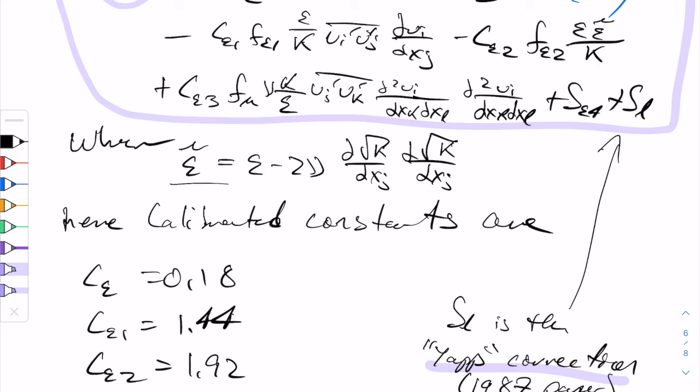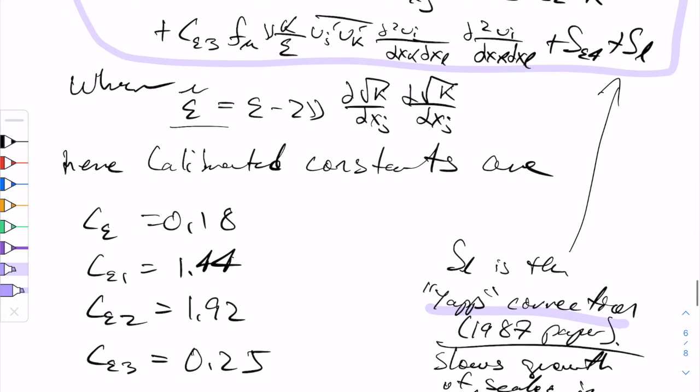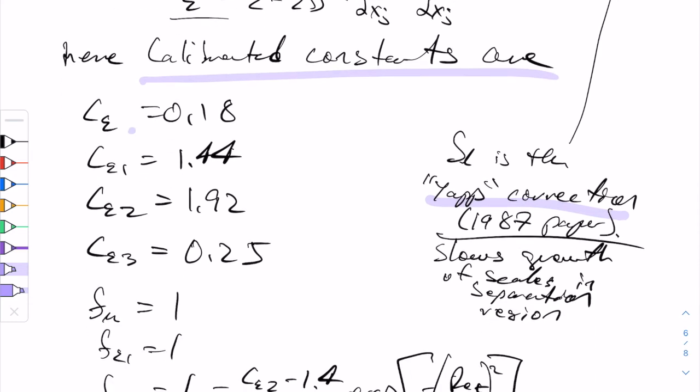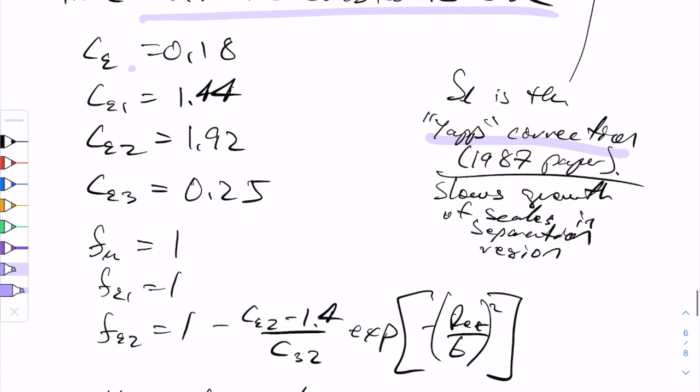Epsilon tilde is epsilon minus 2 nu, viscosity, partial square root of k, partial xj, partial square root of k, partial xj. So these calibrated coefficients are C epsilon 0.18, C epsilon 1, 1.44, C epsilon 2, 1.92, C epsilon 3, 0.25, with F mu equal to F epsilon 1 equal to unity, and F epsilon 2 is this function here, where RET is the turbulent Reynolds number.